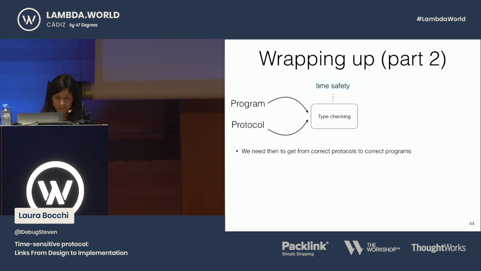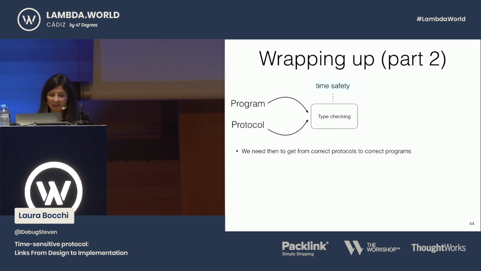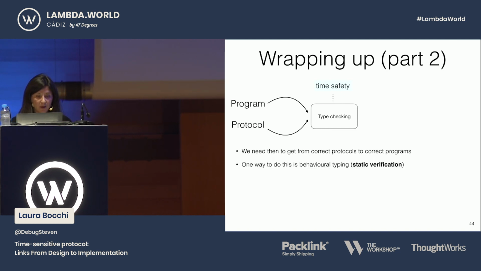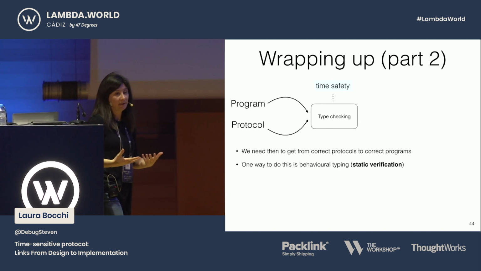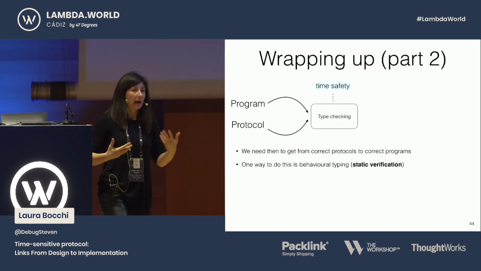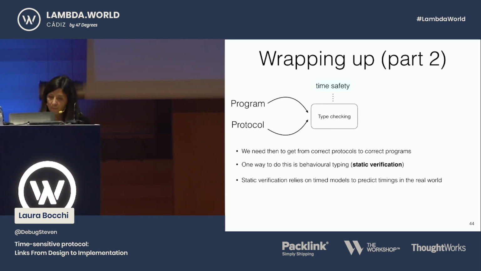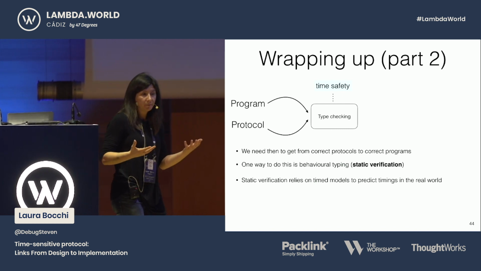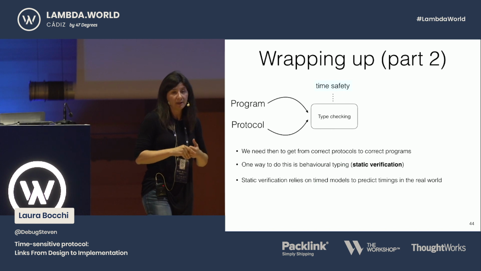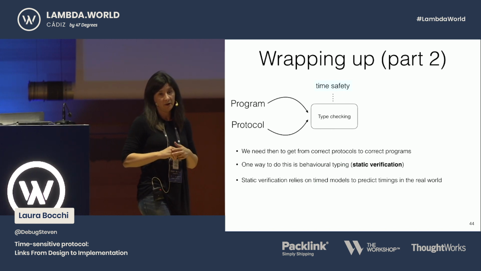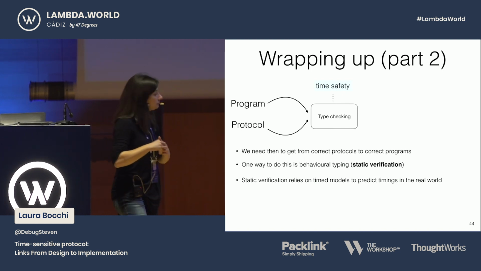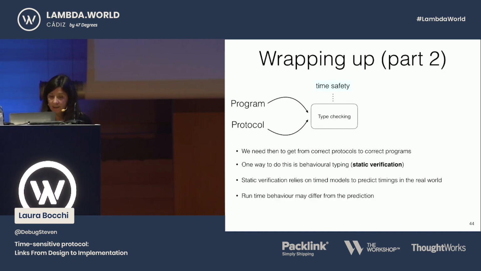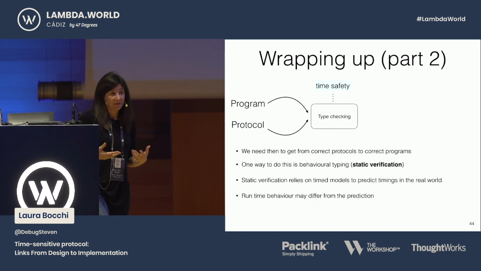Second part of the wrap-up. When you want to pass from correct protocols to correct programs, you can do this by using static verification, static behavioral typing. Static verification relies on models, on predictions, on how timing or how systems will behave at runtime. Okay? And runtime behavior may differ from the predictions.